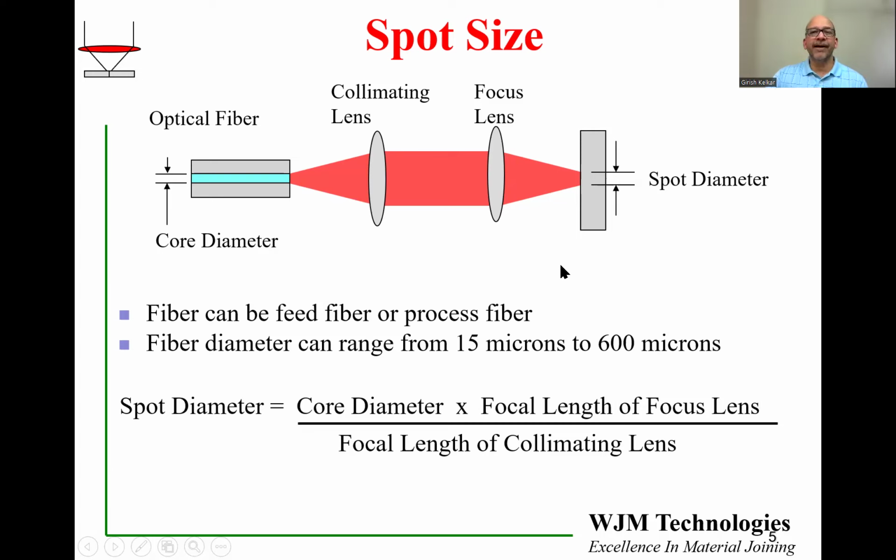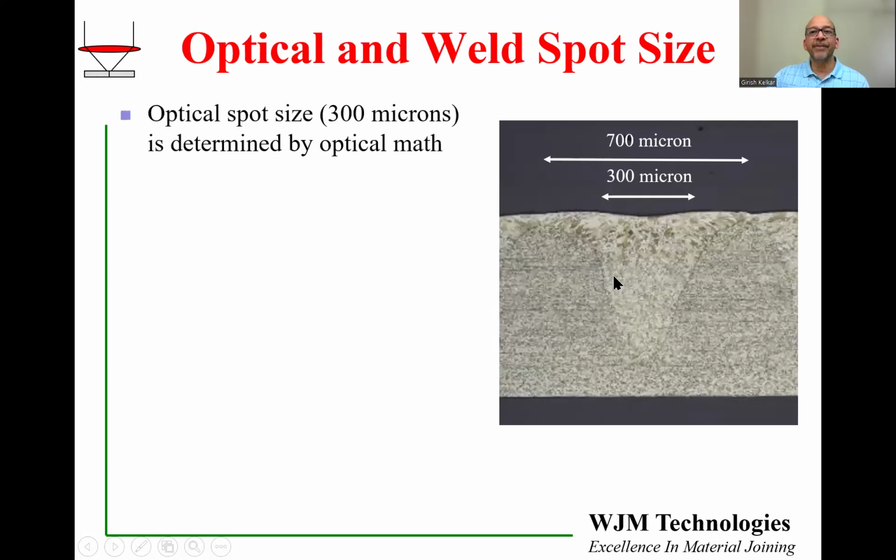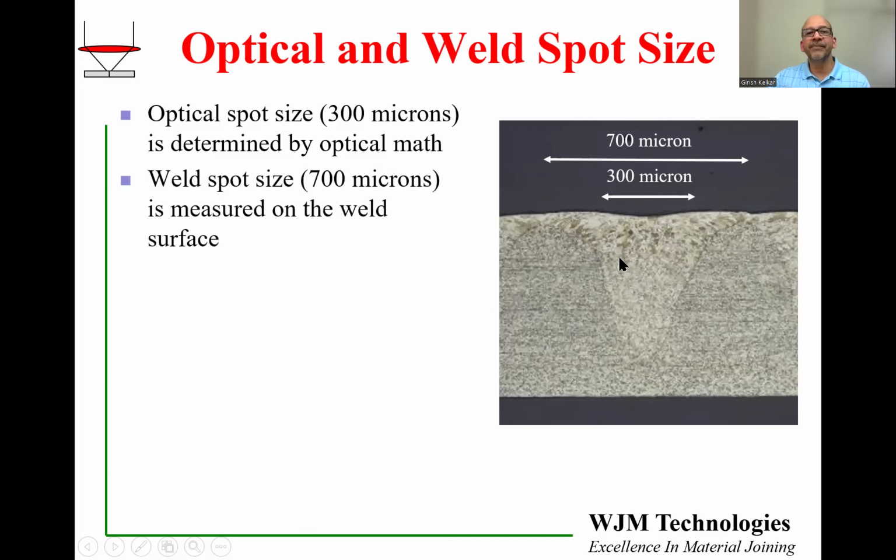One thing you have to keep in mind is that this discussion is purely about the optical spot size. The actual spot size, the welding spot size, can be different. Here I'm showing you a cross section of a laser spot made on a piece of stainless steel, and it has been sectioned, polished, and etched, and you can see that the weld spot size is about 700 micron, even though the optical spot size is only 300 micron.